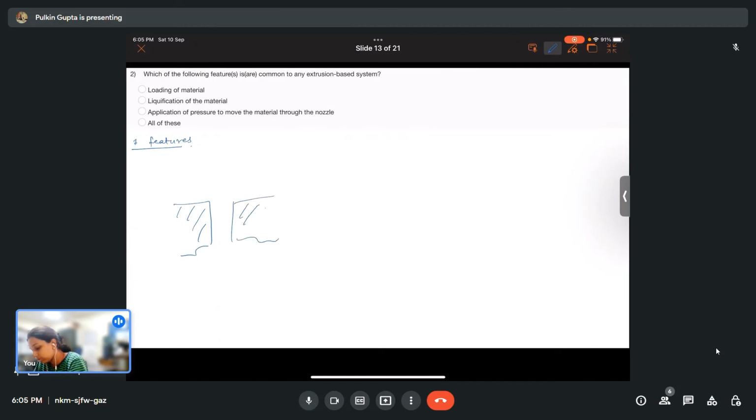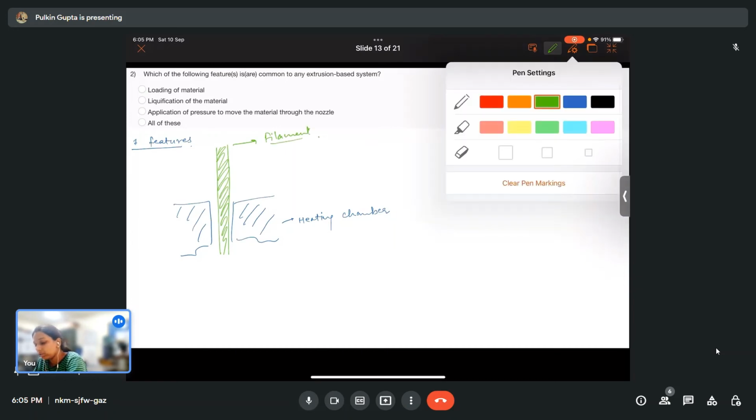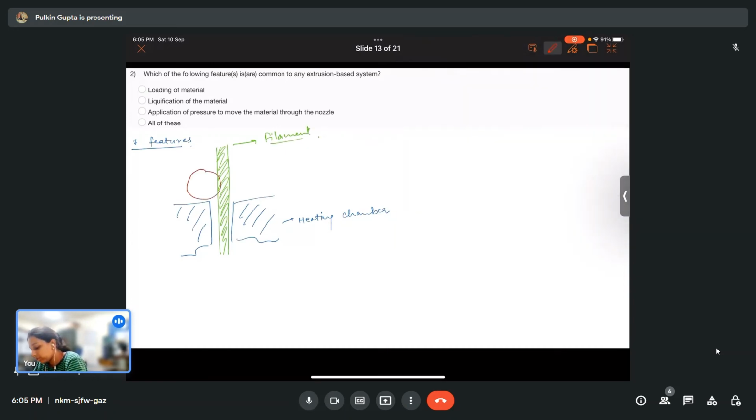These were your heating chambers, and then you had this filament, your material. And then you had your pinch feed roller systems.